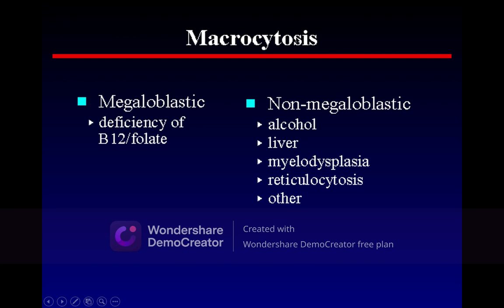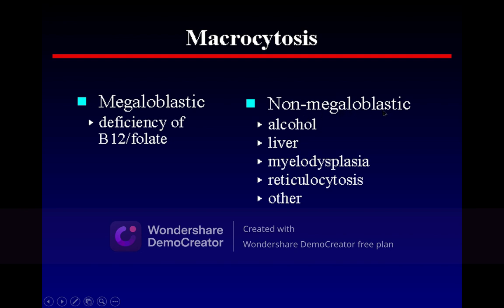If it is macrocytosis in the blood picture, it may be megaloblastic or it may be non-megaloblastic. Megaloblastic means the evidence of megaloblasts in the bone marrow. It occurs because of deficiency of B12 and folate. But macrocytosis can occur other than involvement of the bone marrow, like alcohol, liver diseases, myelodysplasias, hypothyroidism, reticulocytosis, and so on.